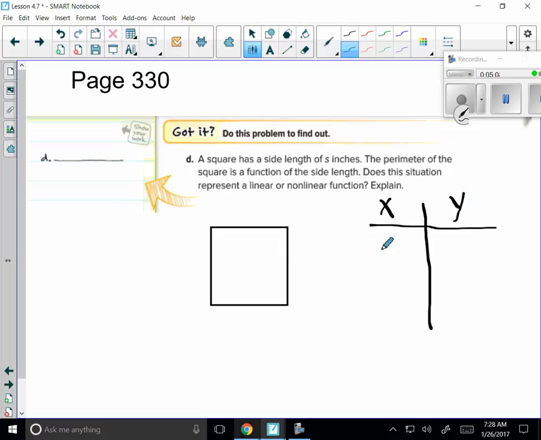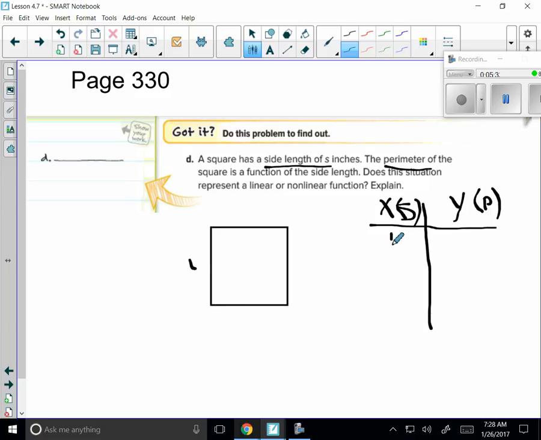So I need to think, what am I inputting and what am I getting out of it? My input really is going to be the side length, or S. And then my y is going to be the perimeter, P.